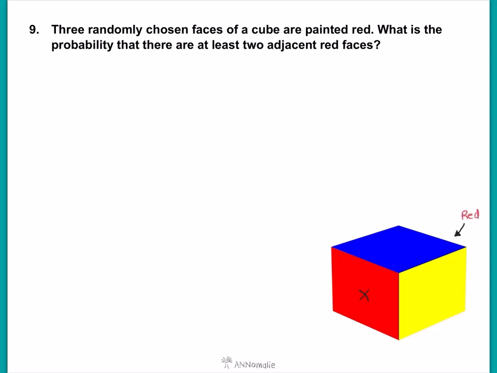Now we still have to paint the third side. Whichever side we choose, at the back, on top here, or at the bottom, will be adjacent to one of the 2 sides that we've painted red initially. In other words, this side and that side.